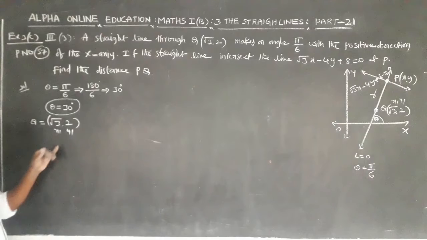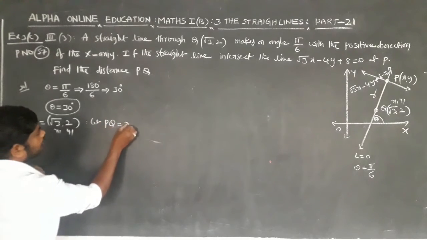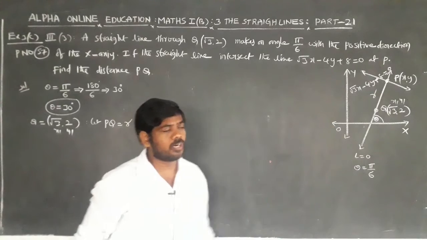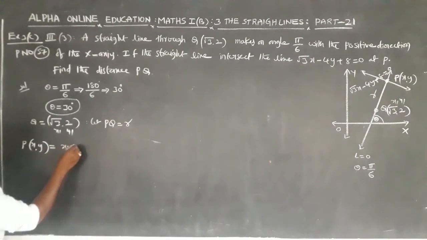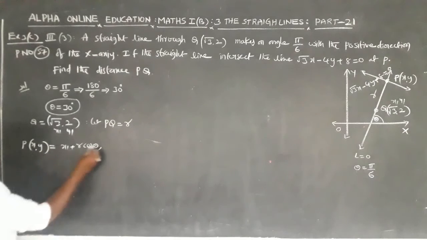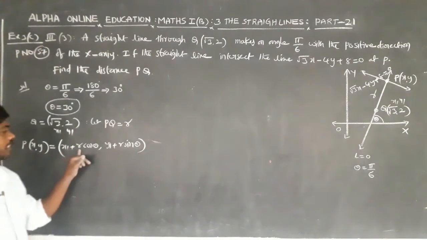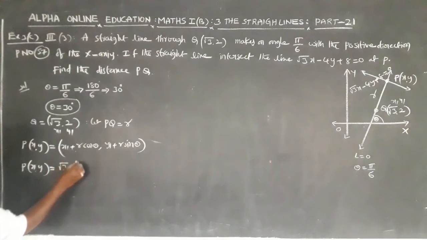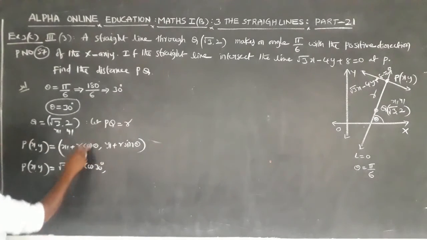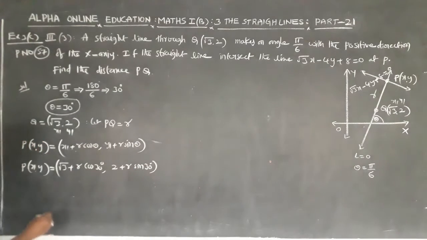Let the point Q be (x1, y1), and let the distance between the two points be R, so PQ is equal to R. The coordinates of the point P(x, y): x is equal to x1 plus R cos theta, y is equal to y1 plus R sin theta.